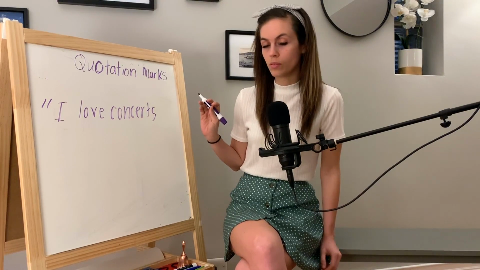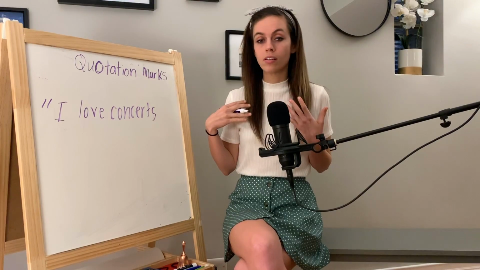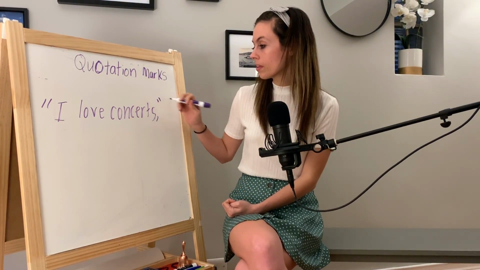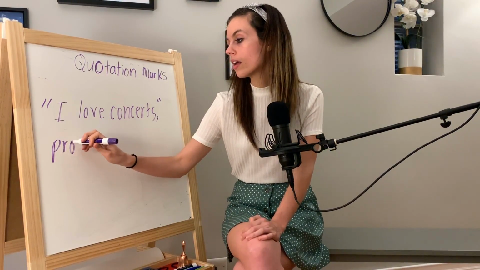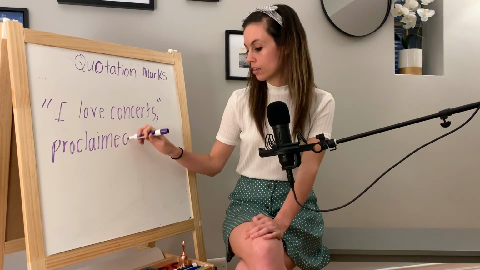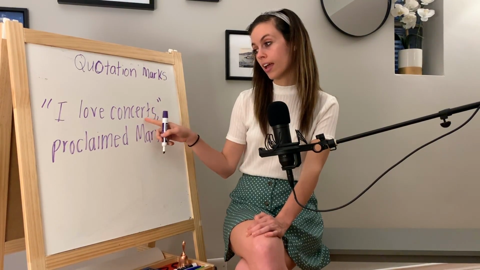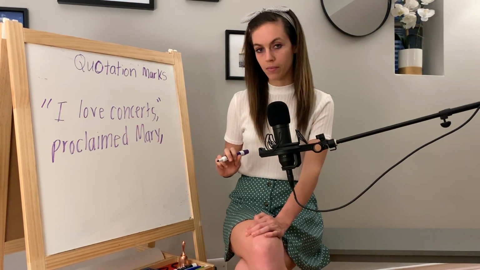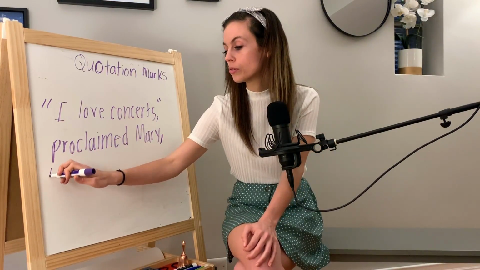So we know that it hasn't said or explained or anything like that. So our comma needs to go here before. Then we can say proclaimed Mary. Well, after she said I love concerts, she said something again, which means we have to add another comma after Mary. Okay? So then I'm going to do quotation marks again.